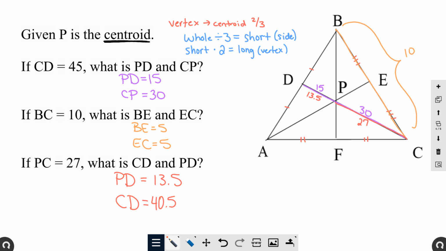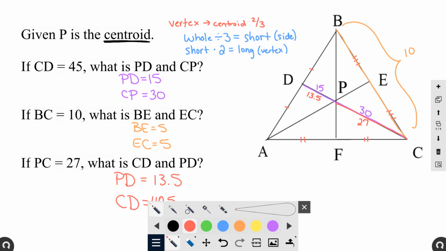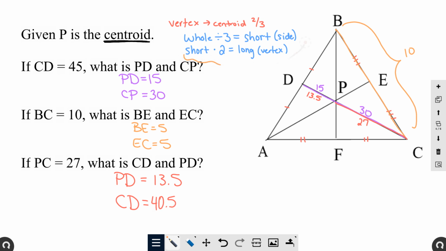What's 13.5 times 3? 40.5. Ding, ding, ding, ding, ding. So, key thing that you need to remember is these equations. If you got those down, you can find everything that you need about a centroid. Let's do one more.